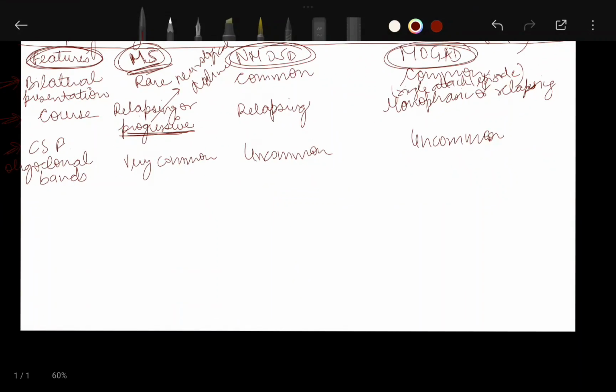CSF oligoclonal bands are similar to an electrophoresis or chromatographic test; they appear something similar to that. They are special bands seen as compared to the normal CSF bands. Till now we have studied the bilateral presentation, course, and CSF oligoclonal bands.